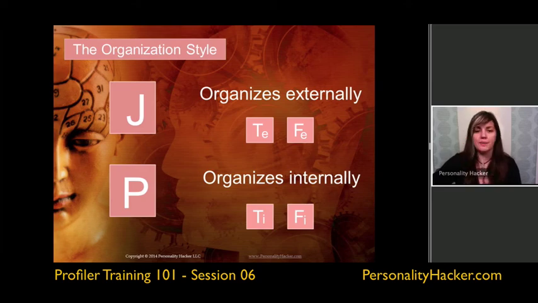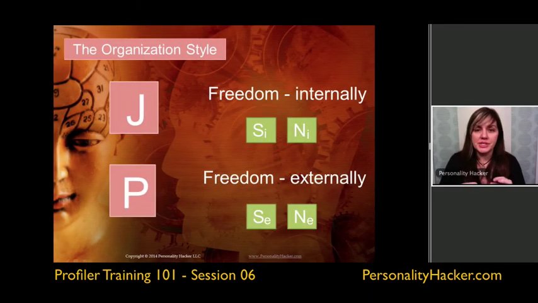Okay, good. So your organizational style will also let you know how you prefer your sensing and intuitive process, because your organization style tells you where you like your freedom. So for a judger, they always want their freedom internal, introverted, inwardly focused. Now your sensing and intuitive preference, that's how you learn. That's why it's your freedom.